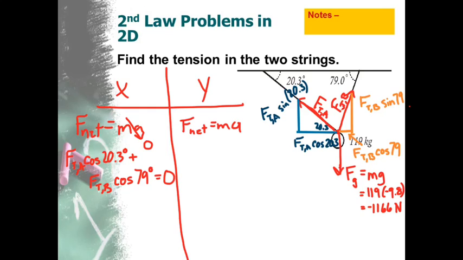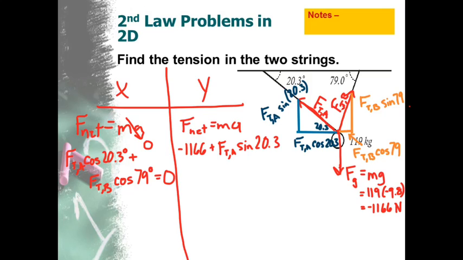So let's go over here and add up all our y forces to find F net in the y direction. We have, first of all, the force due to gravity, and we already found out that that's negative 1,166. We have this component of the tension, the force due to tension in rope A times sine of 20.3.